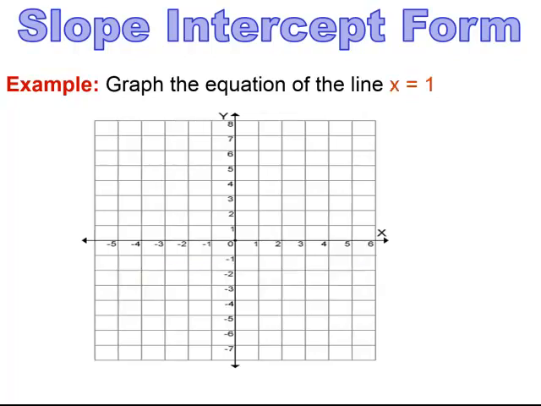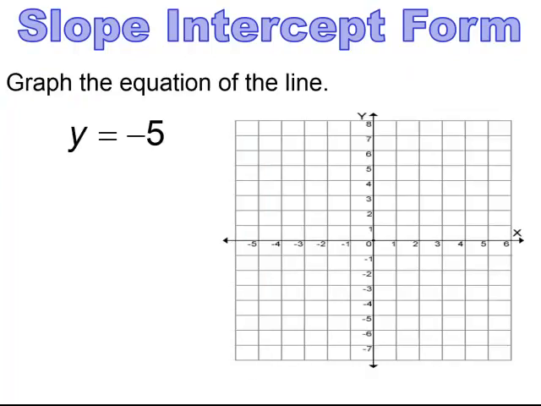My next example is when I have x equals a number, and in this case x equals 1. I need you to understand that when you have x equals a number, the slope is undefined. When the slope is undefined, we have a vertical line. So you're going to go where x is 1 on the axis and draw a vertical line.